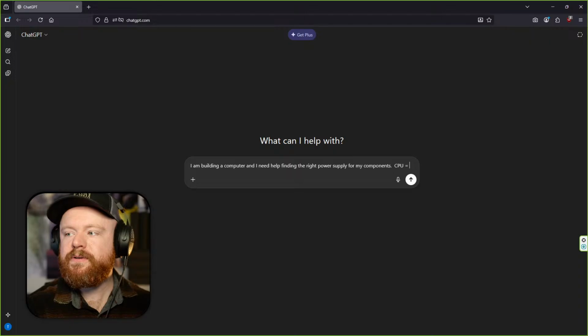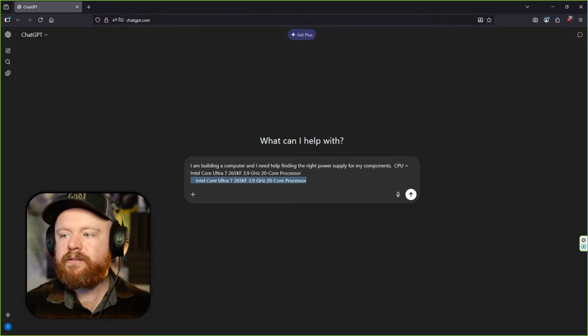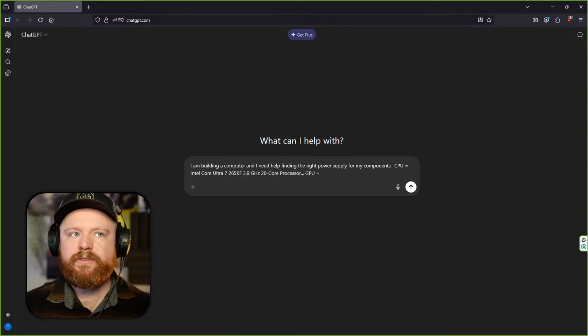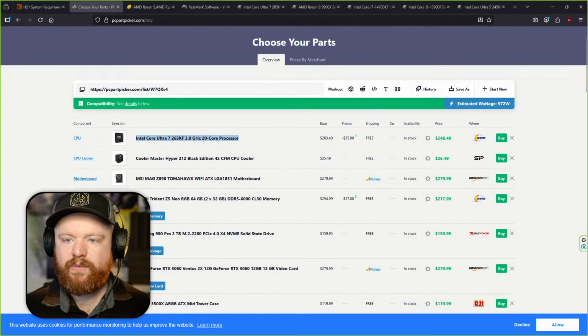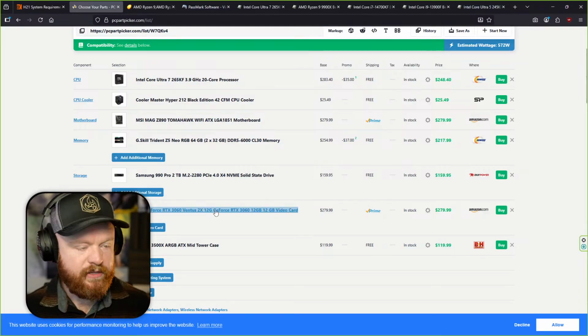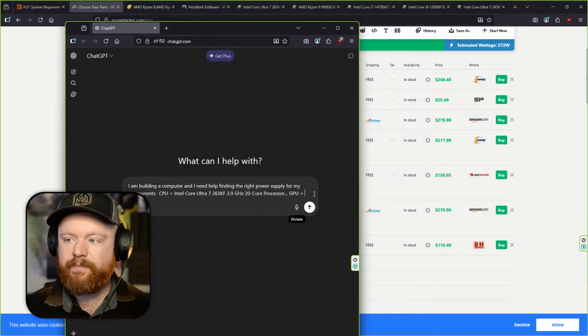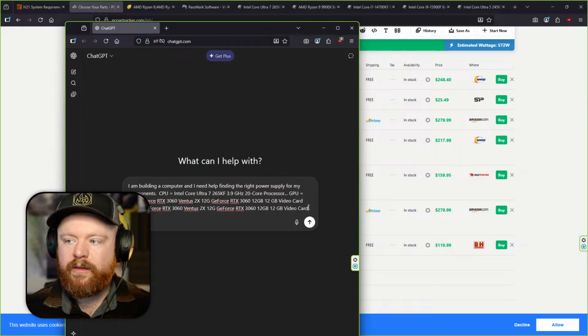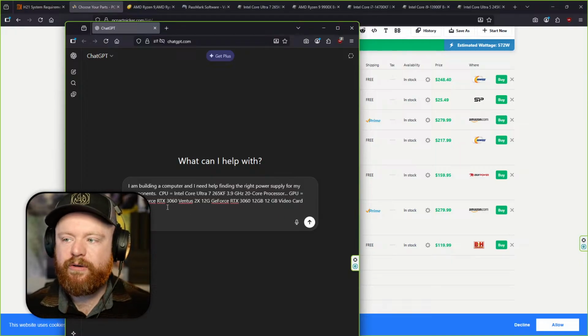I'll say CPU equals this. And I'll say GPU equals, where is it? These are the two things that are going to take the most power to run. And then I would just go through each one of these.